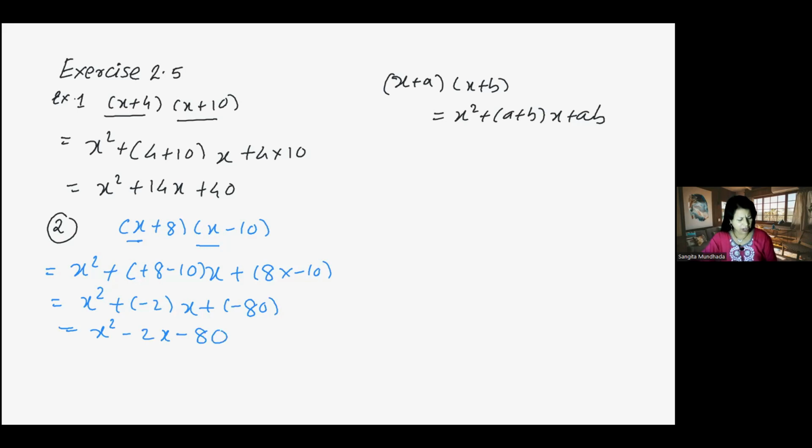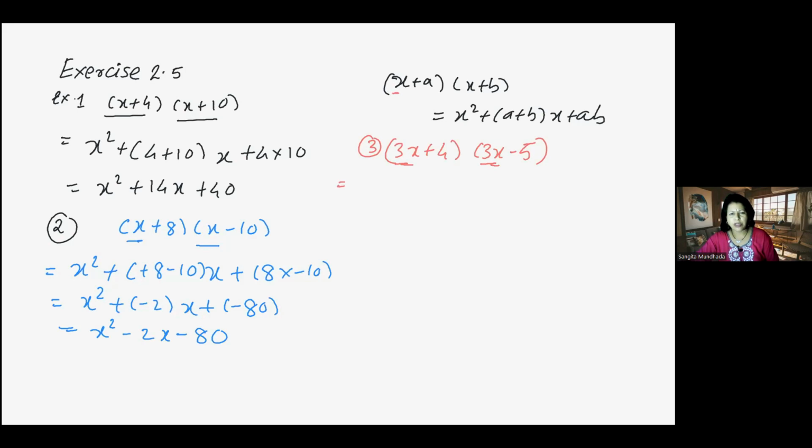Question number 3, (3x + 4)(3x - 5). Here also the same identity is useful, because in place of x here we have 3x, in place of a, 4, and in place of b, minus 5.